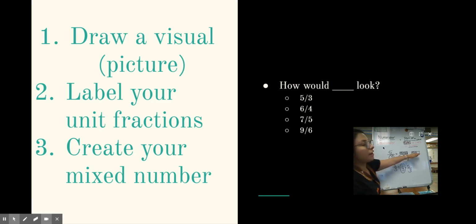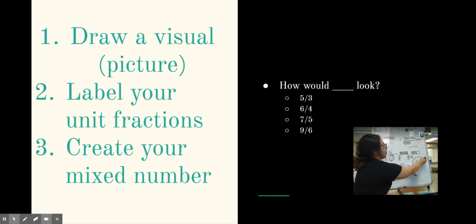So now you have a visual. Use that visual to your advantage. How many wholes do you have right here? Hopefully you're saying, Miss LaFuente, that is the same thing as 1 whole. And we have how many thirds going on? We're still talking about thirds, and 2 of them are shaded.